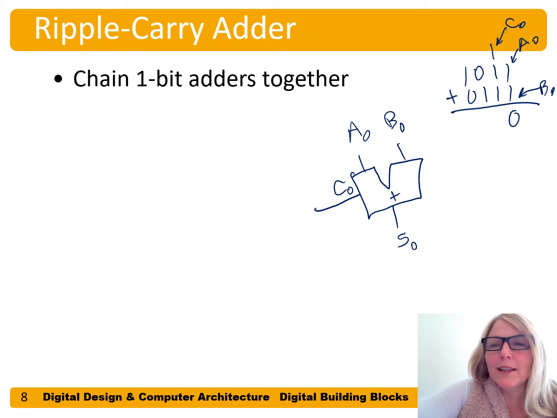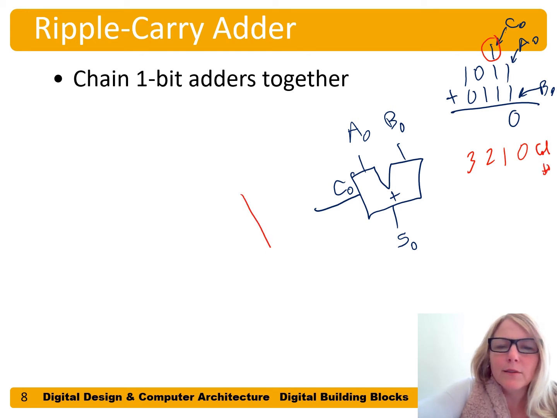As we can see from our addition here, this is the carry in of column 1. Remember, column 0, column 1, column 2, and column 3. And so we feed that into column 1.